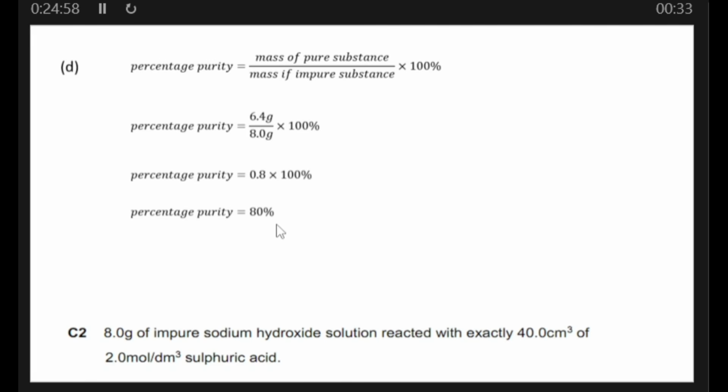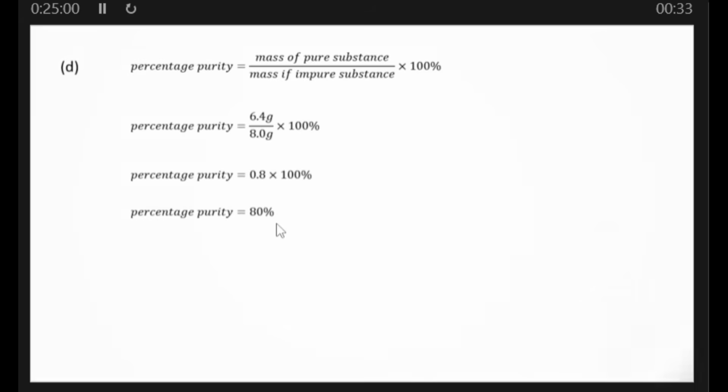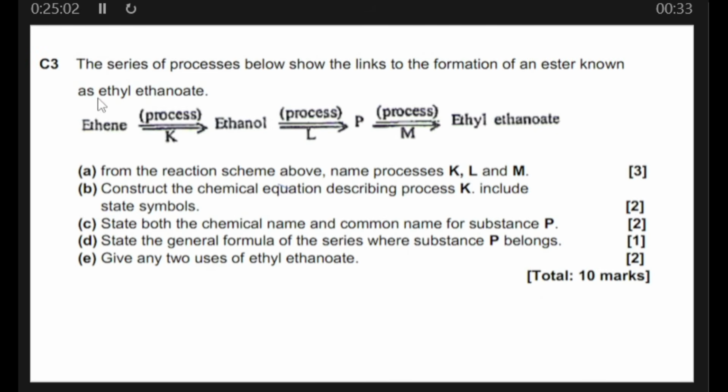Okay, so let's go to the other question, the last question here, which is the C3. C3 says the series of processes below show the links to the formation of an ester known as ethyl ethanoate. So we have an ester, process K giving us ethanol, process L giving us P, process M giving us ethyl ethanoate and ester.